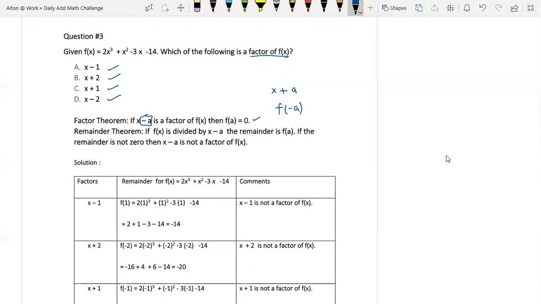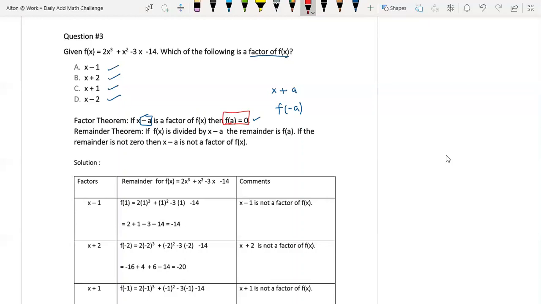So let's take the first factor. Now, when you substitute based on what the factor theorem is saying, if you get what is called a remainder of 0, then x minus a is a factor of f of x. Now, the remainder theorem generally states that rule, but what it says is if f of x is divided by any factor x minus a, the remainder is f of a.